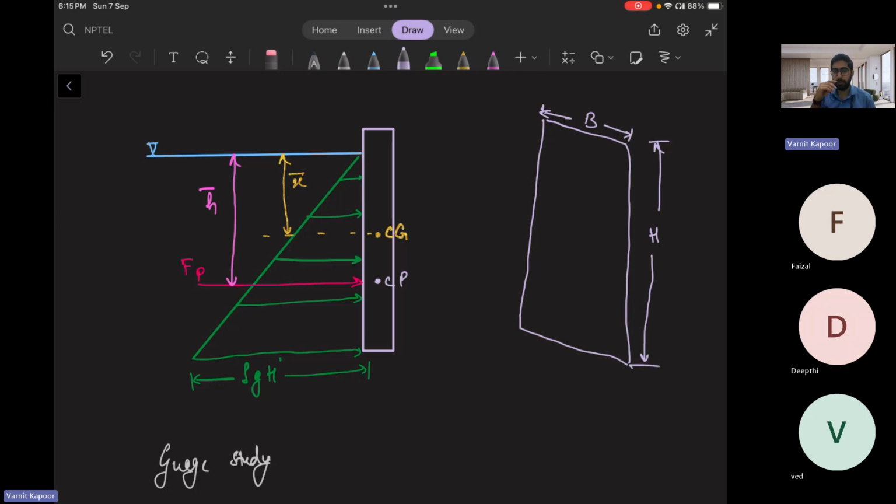We can assume an elemental area here, which is at a distance of x.